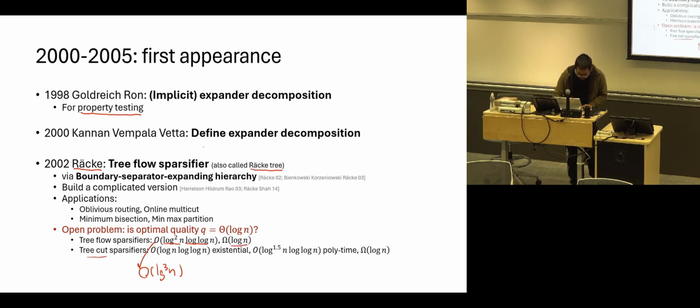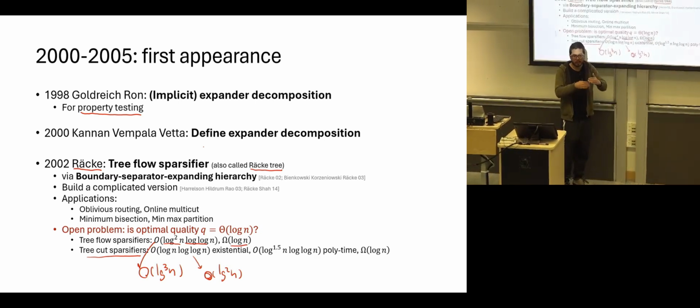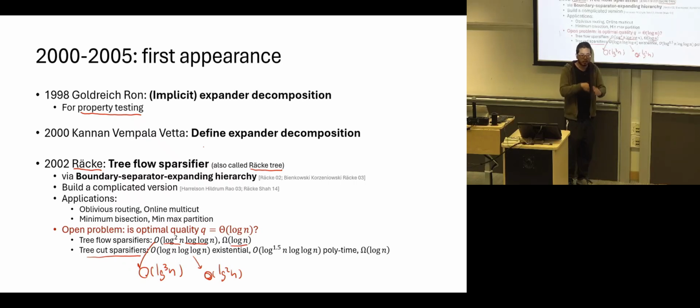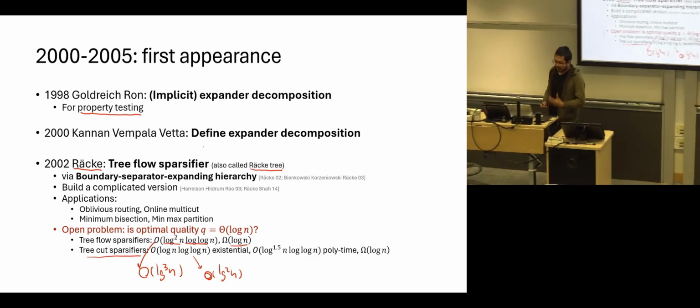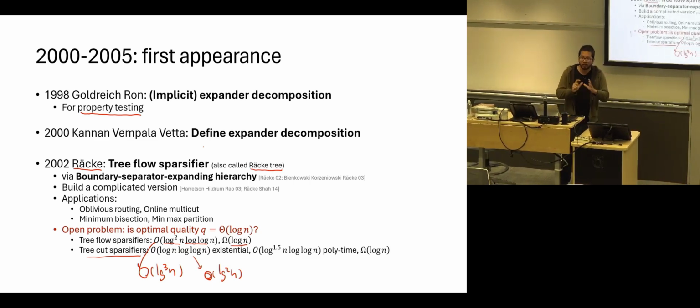For tree-cut sparsifier, we learned the one which is log square. This is the one that is based on dynamic expander decomposition, if you remember. We get a BSE hierarchy with depth log n and expansion 1 over log.